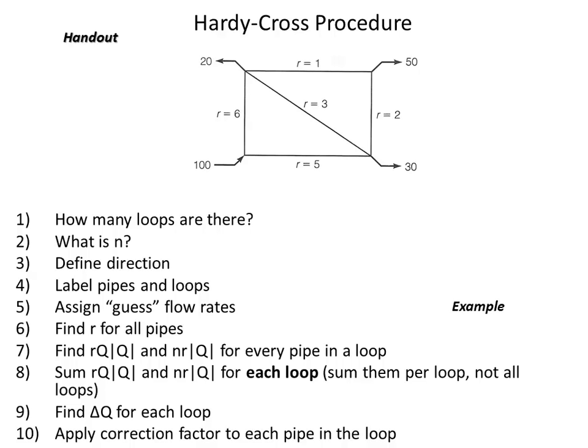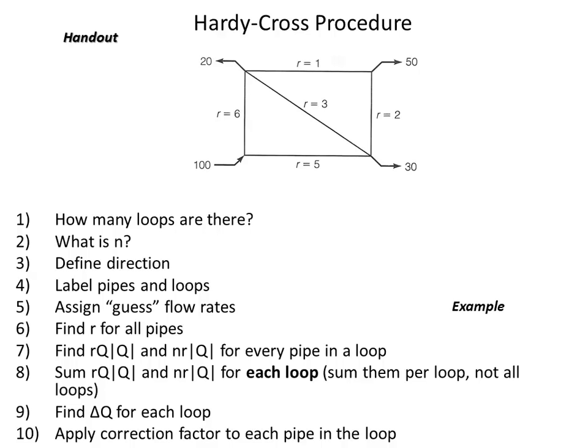Okay, so when I put in the flow rates, 1-4 is 50 because it's in the direction that I've assumed is positive. Remember that clockwise means it's a positive flow rate. So pipe 1-4, the flow is going clockwise in the perspective of loop 1.